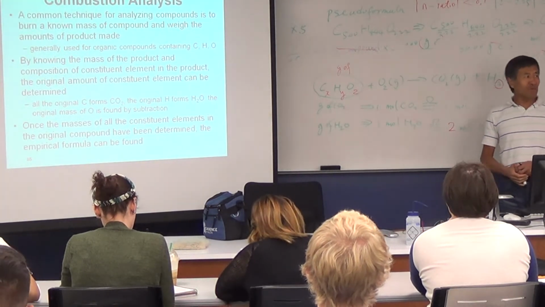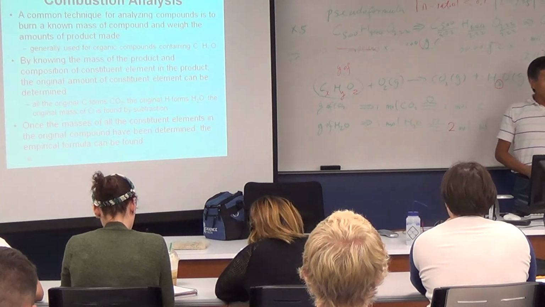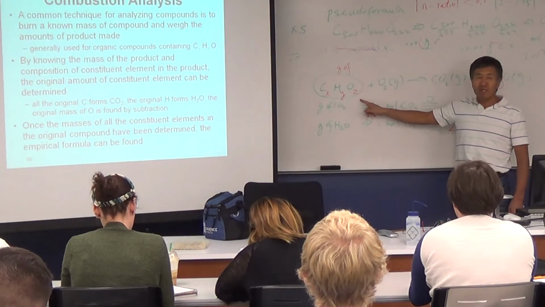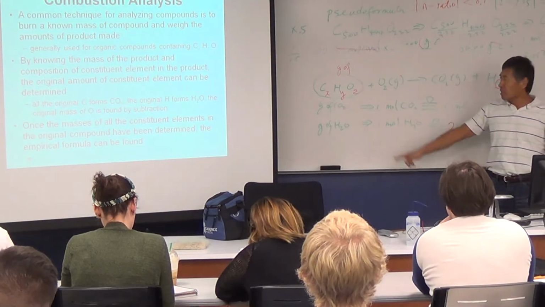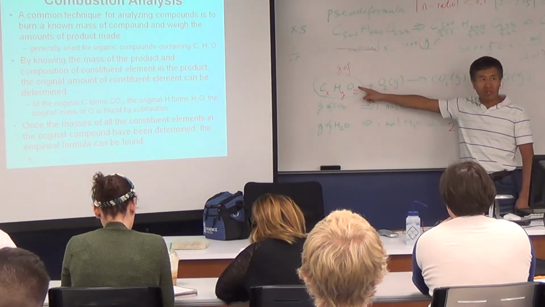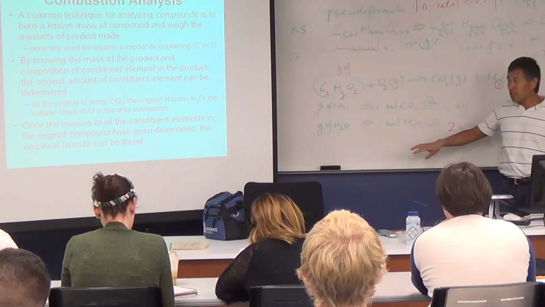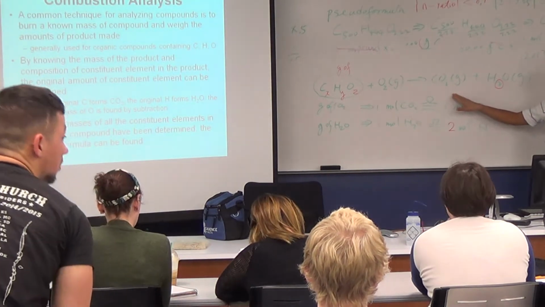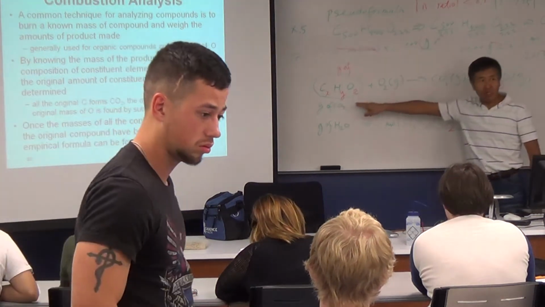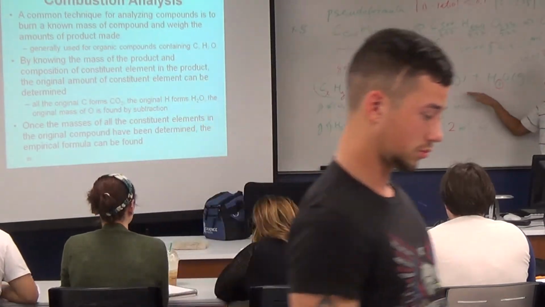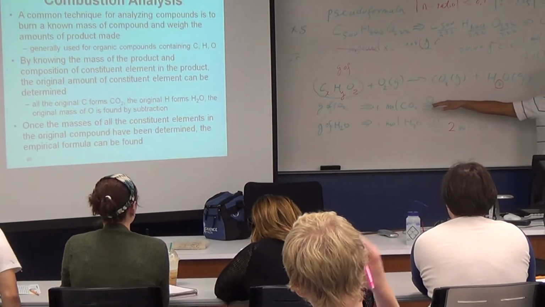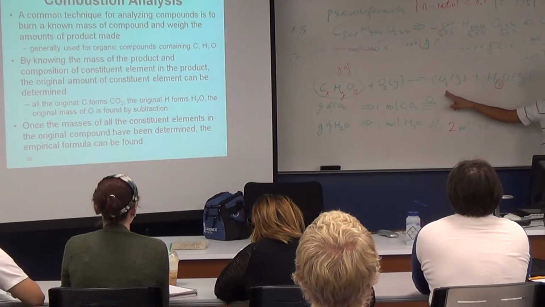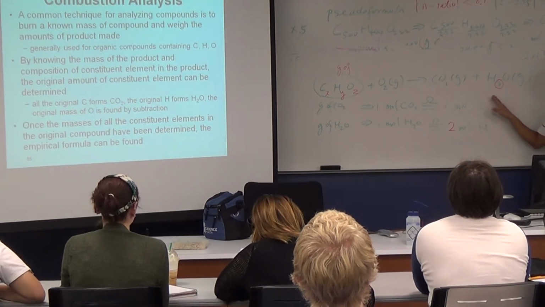And that is very important because you can use the gram of the compound to find out the gram of oxygen in this compound initially. You cannot use the other information to find out the gram of oxygen in the initial compound because you can see in this equation, if this equation is balanced, we have oxygen here in CO2, we have oxygen here in water.